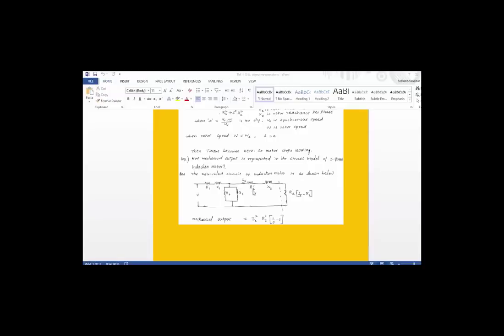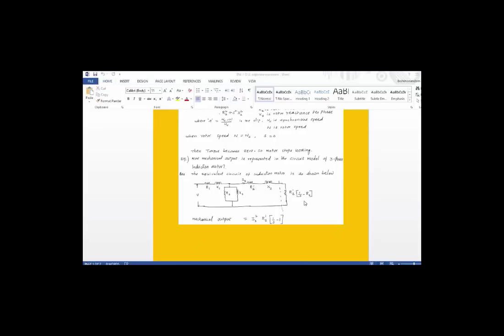And here this is R2 dash, rotor resistance per phase referred to stator side, and X2 is the rotor reactance referred to stator side, and here we write R2 dash into 1 by S minus R2.